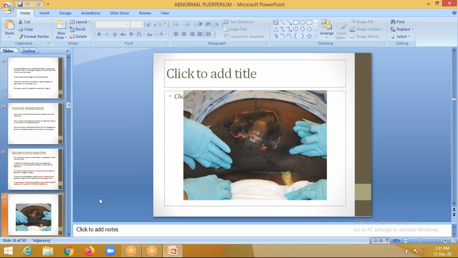This is the picture. See, this is very extensive. This is necrotizing fasciitis. In this, we have to remove all this necrotized tissue until we reach the healthy tissue, and we may need a mesh to close the defect. See, this is a highly purulent discharge coming from the wound incision.